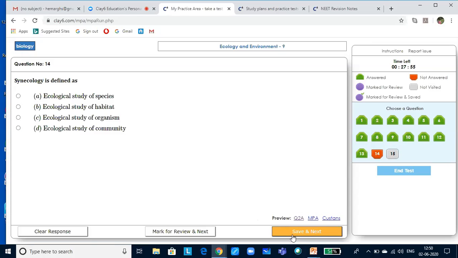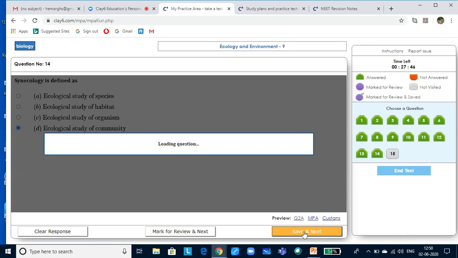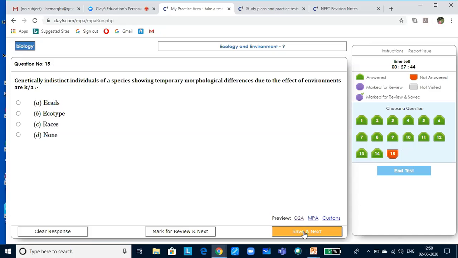Synecology is defined as ecological studies of community. Autecology is that of individuals. Genetically indistinct individuals of a species showing temporary morphological differences due to effects of environment are known as ecads. So let us save this in the test.